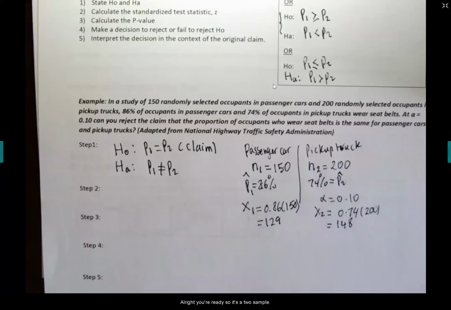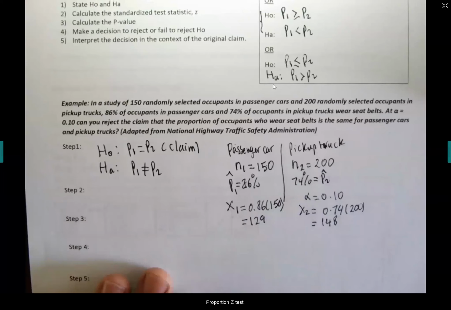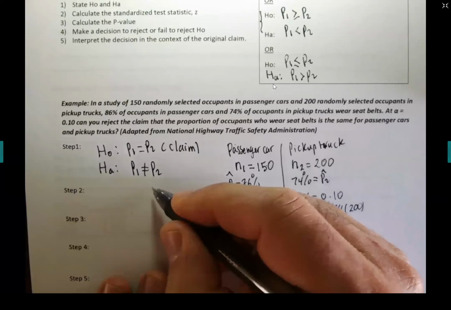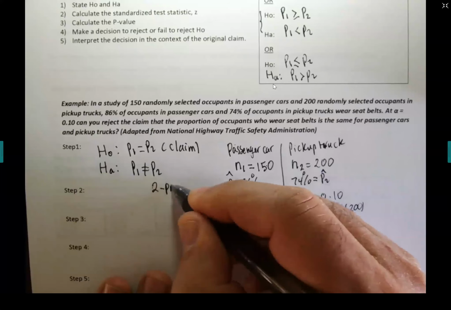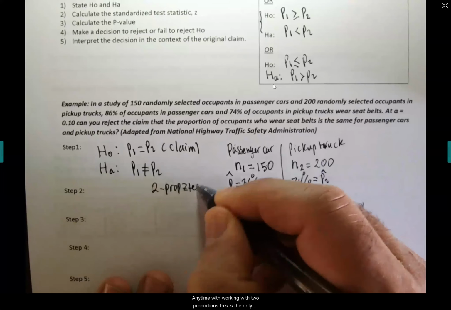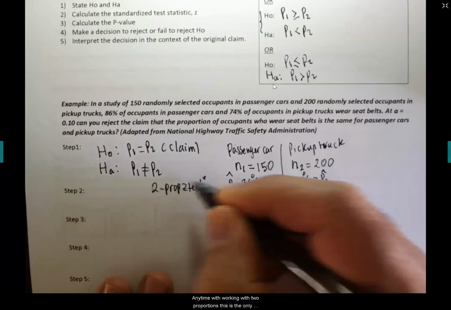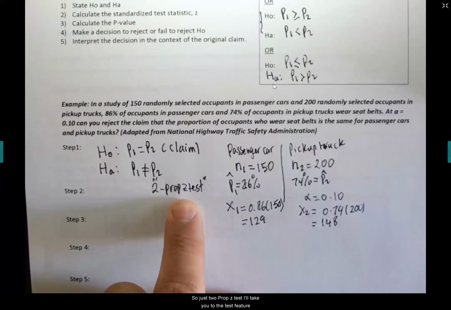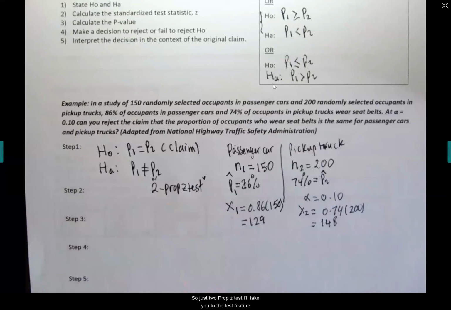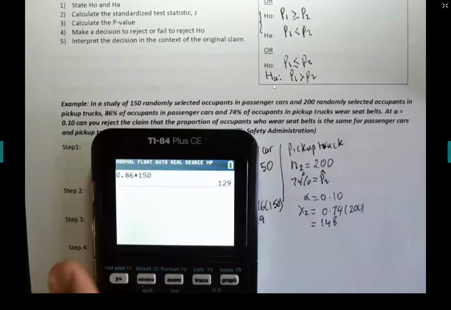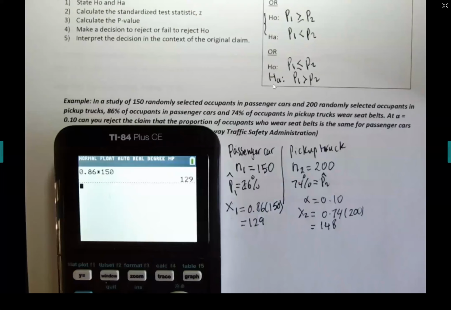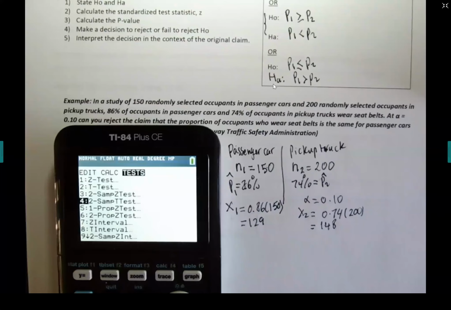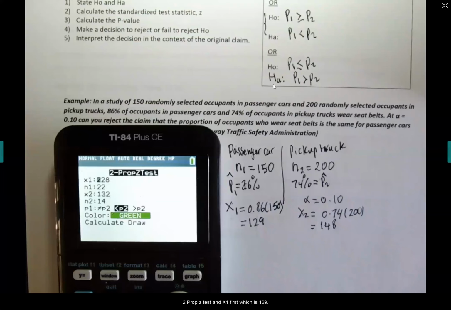All right, you're ready? So it's a 2-sample proportion z-test. 2-prop z-test. Anytime you're working with 2 proportions, this is the only test, guys. No confusion here. So just 2-prop z-test. I'll take you to the test right now. Stat, tests, 2-prop z-test, and x1 first, which is 129.